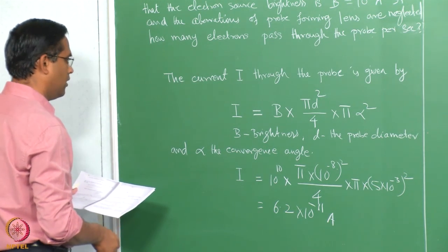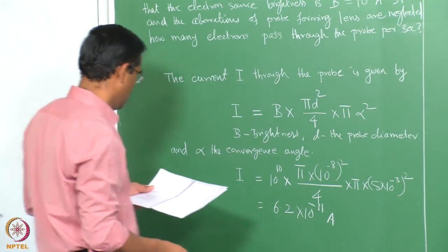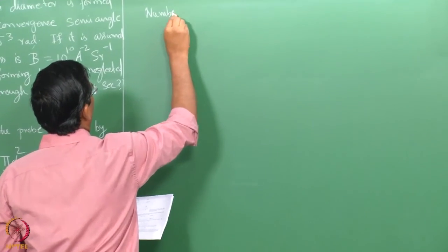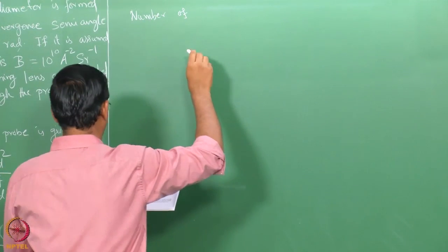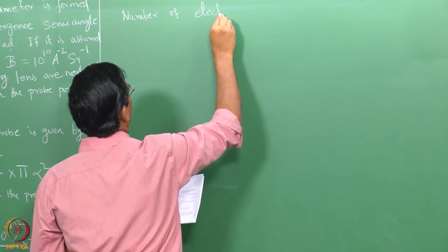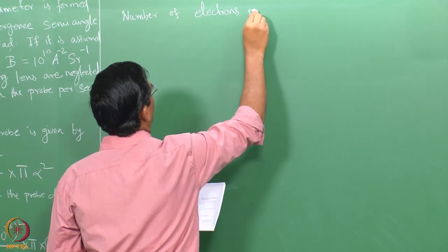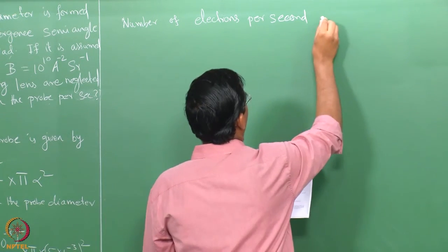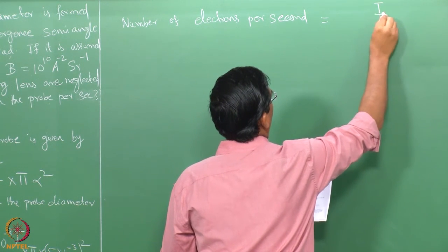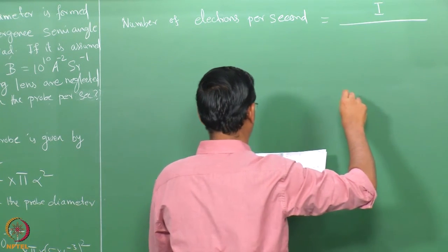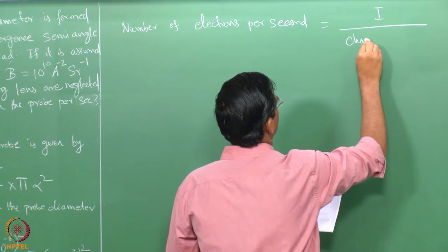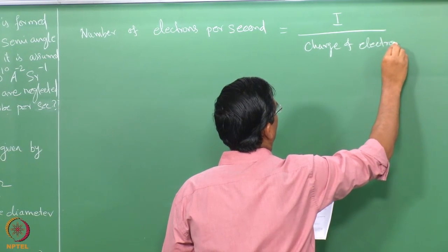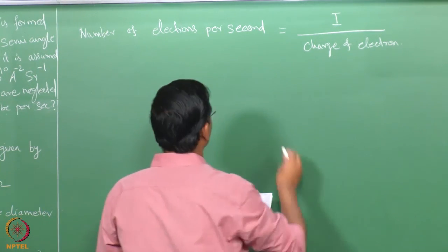So the number of electrons per second is equal to I divided by the charge of the electron.